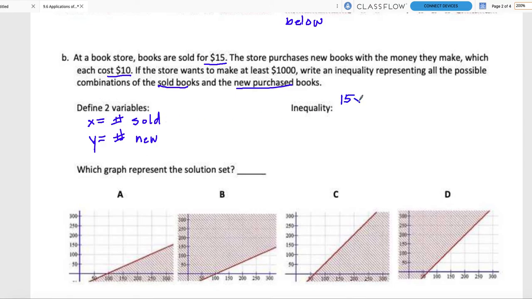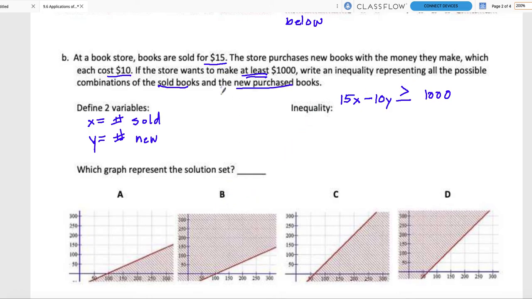So 15x, and I am selling books and I am buying books. So this time, that 10 is going to be negative. And I want to make at least $1,000. So $1,000 on this side. I'd settle for $1,000, but if I made more than $1,000, I'd be even happier. So this side needs to be greater than or equal to $1,000.